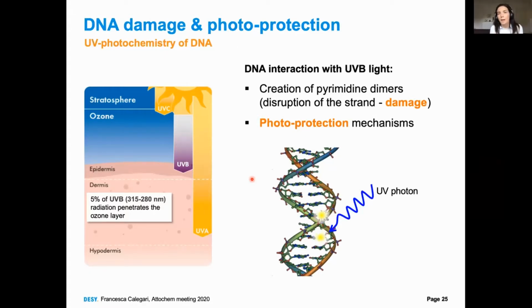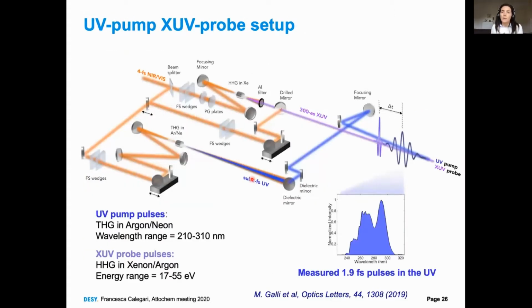Well, until now we were mostly investigating a molecule ionized by XUV radiation, but as you all know, XUV is not reaching basically the Earth surface because it is filtered by the atmosphere, while the UV radiation is penetrating and is actually, as I was mentioning at the very beginning of my talk, responsible for damage and the activation of many photobiological and photochemical processes.